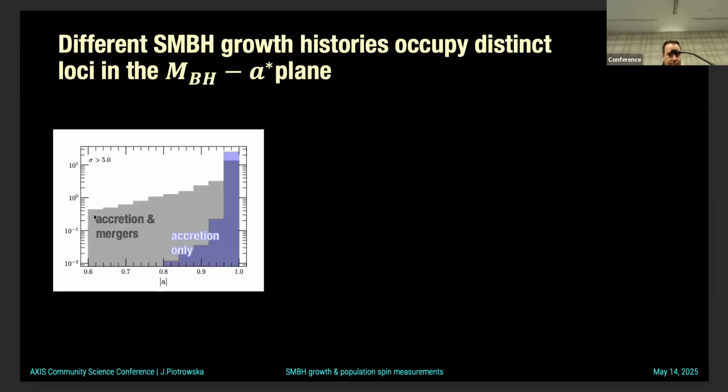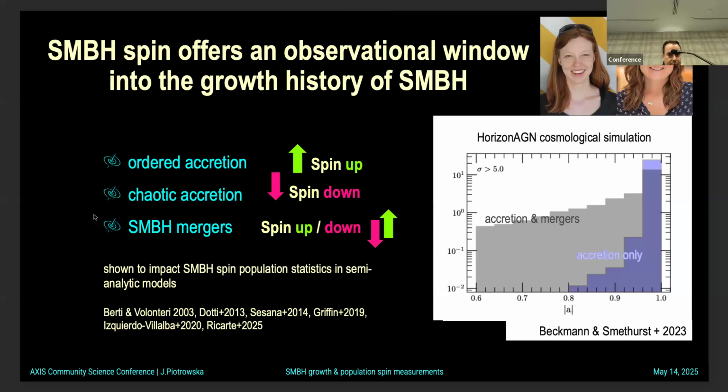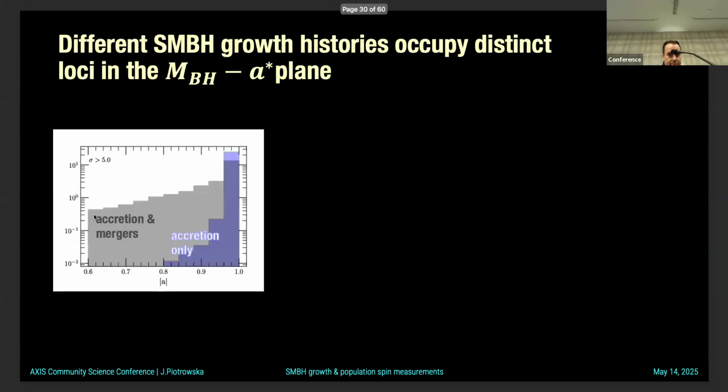So the main result that Ricarda and Rebecca have shown in their paper back in 2023 is that if you look at the Horizon AGN cosmological simulation, and I'll switch the slide right now, those black holes that grew only via accretion, that's the blue population in the slide, tend to have spin parameter values concentrated at close to 1.